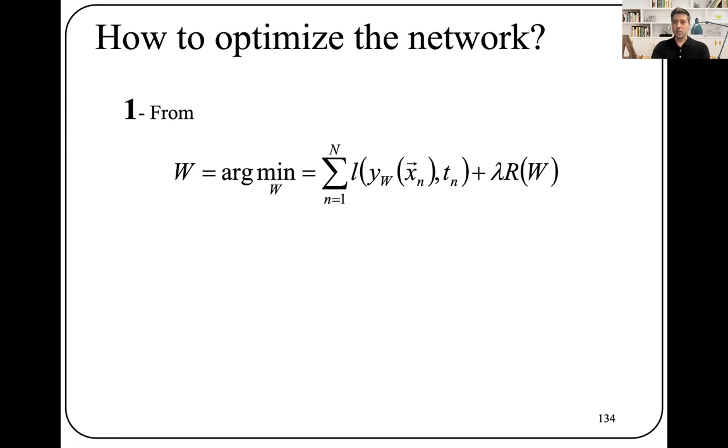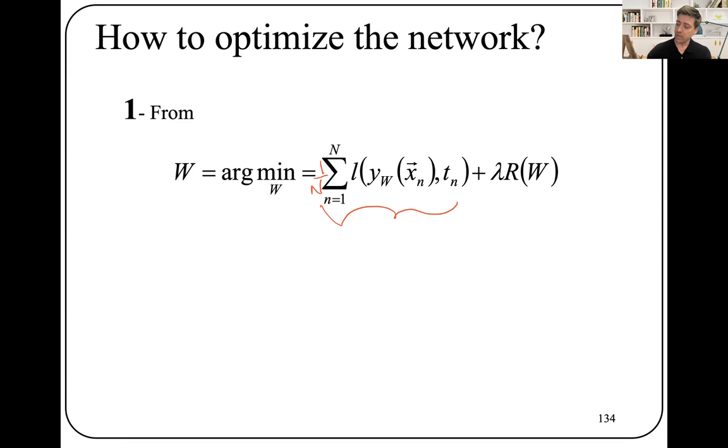To optimize the network, there are a couple of things that we need to do. The first thing is we need to define the loss function that we are minimizing. Our loss function is composed of two different things. The first is a sum of errors or losses on each of our training examples, and typically here, we can average this over our n examples.